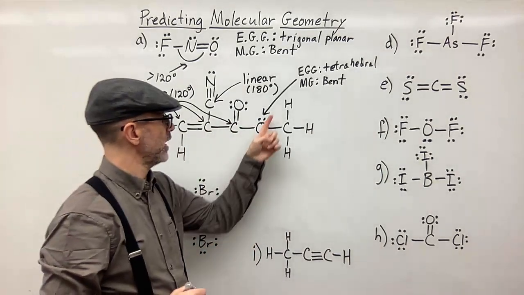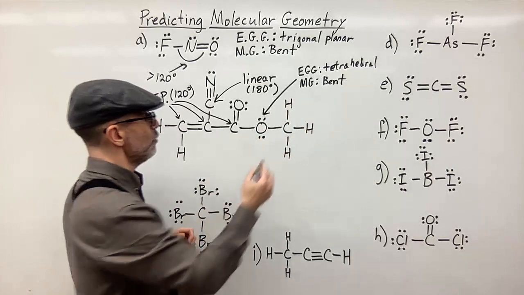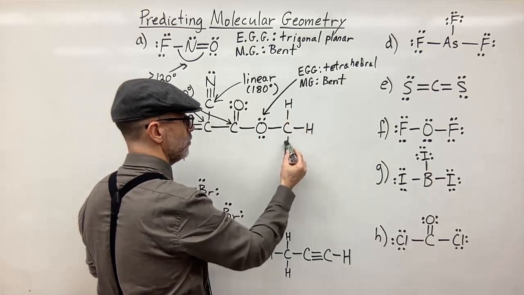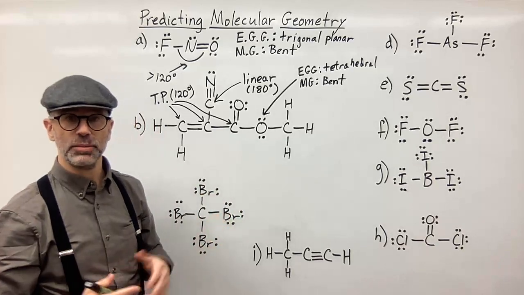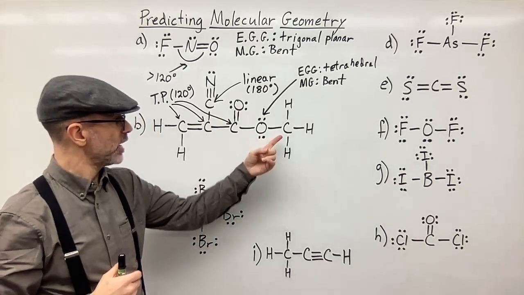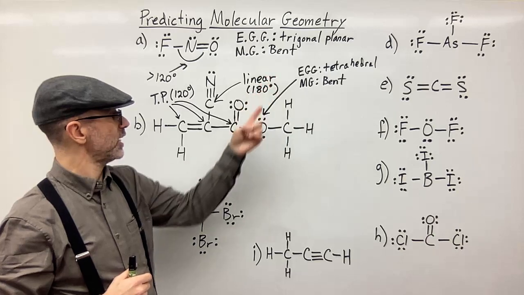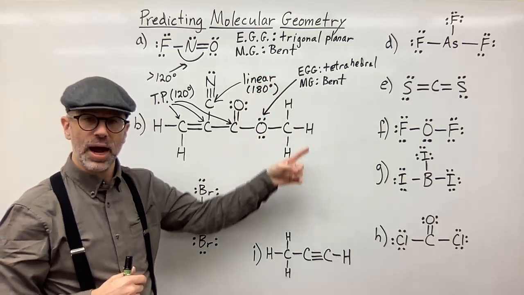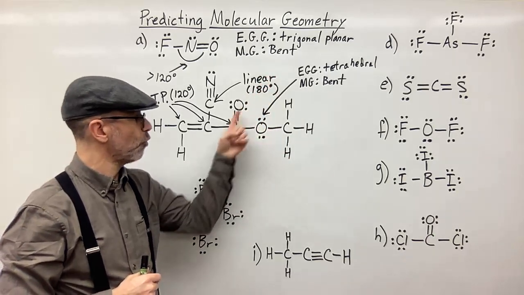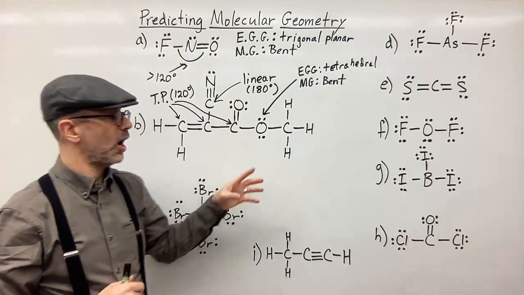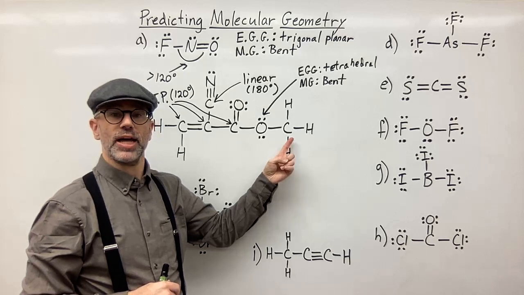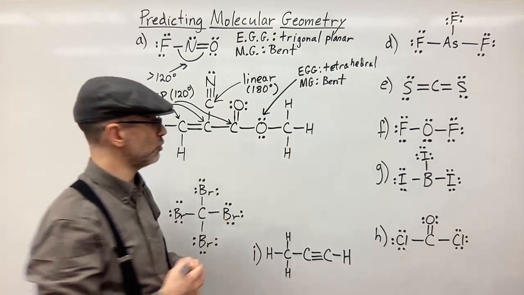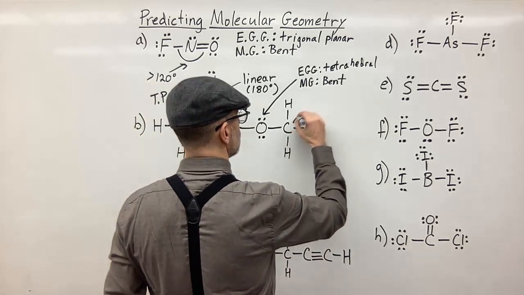And here we have, again, 4 bonds, no lone pairs. So again, the electron group geometry and the molecular geometry will be identical. We have 4 bonds, just like we said here, with 4 total electron groups, it's going to be tetrahedral. So here, both the electron group geometry and the molecular geometry will be tetrahedral.